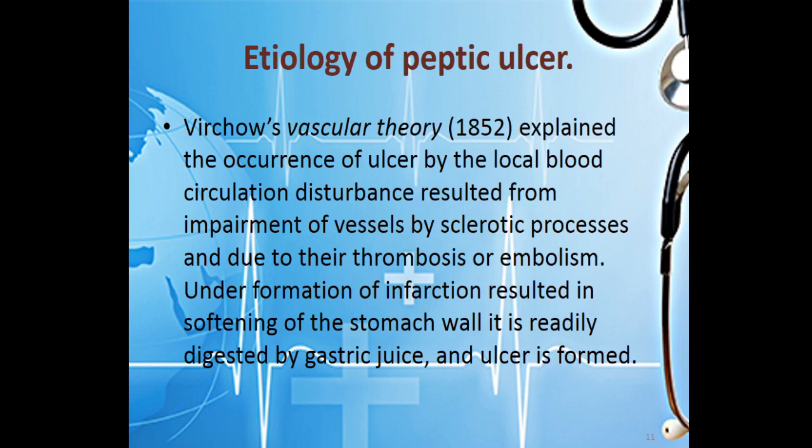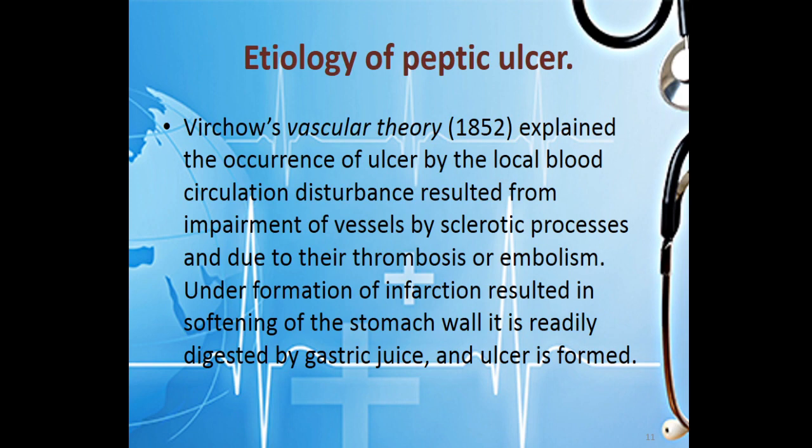Peptic ulcer. There are many theories to understand why a chronic ulcer of the stomach or duodenum appears. An ulcer is a non-healing wound. One of the first theories is Virchow's. He speaks about a sclerotic process, not enough blood supply, so sclerosing or thrombosis or embolism of the arteries of the stomach.